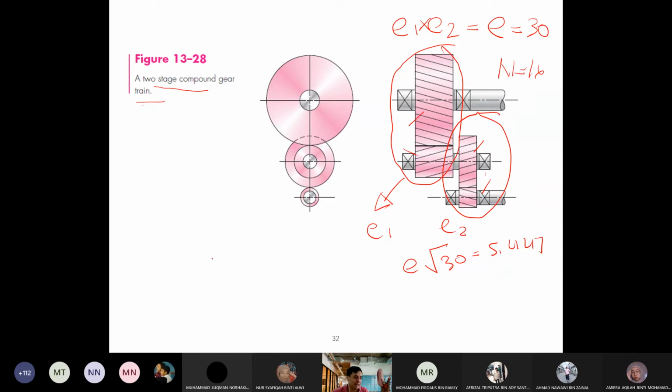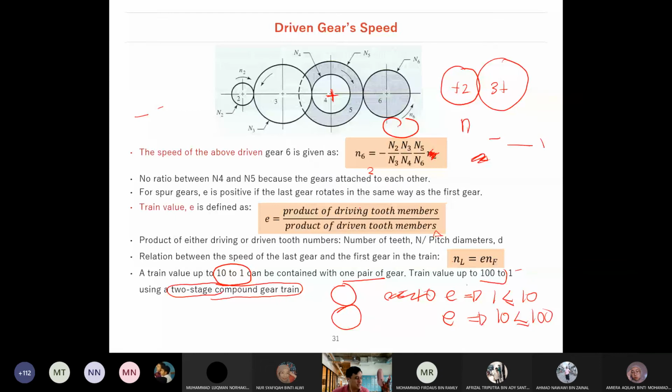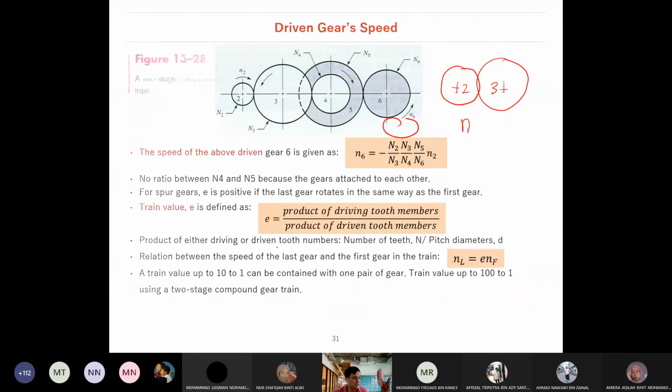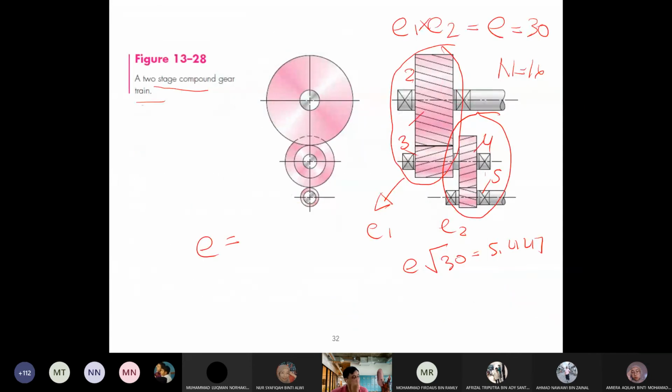Dan you masuklah formula tadi. E sama dengan apa tadi? E sama dengan driving tooth member bagi dengan driven. Kan? So katalah this is N2, this is N3, this is N4, this is N5. So dia kata tadi driving. So driving is dari atas, ataupun daripada bawah lah, tapi saya ambil daripada atas lah sebab small number kan.